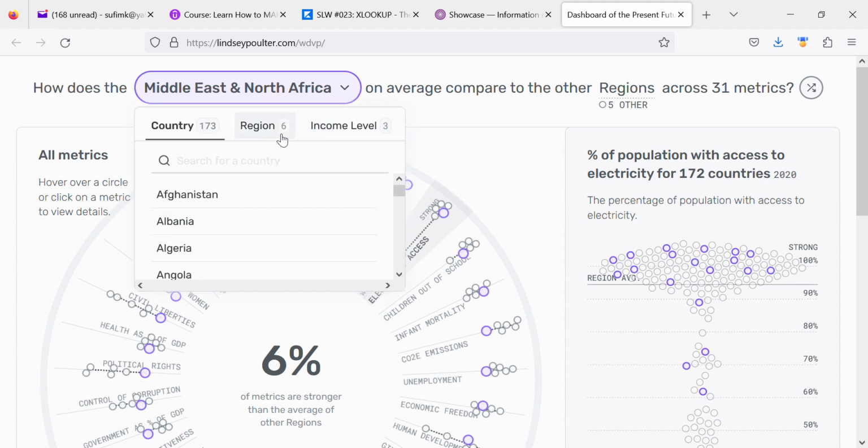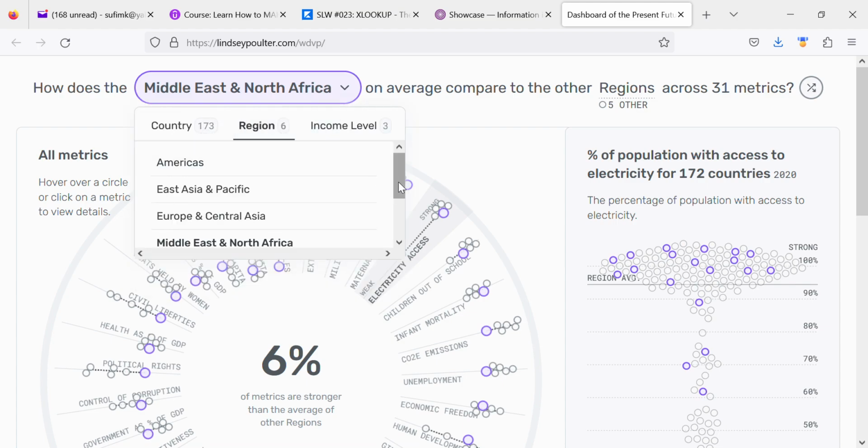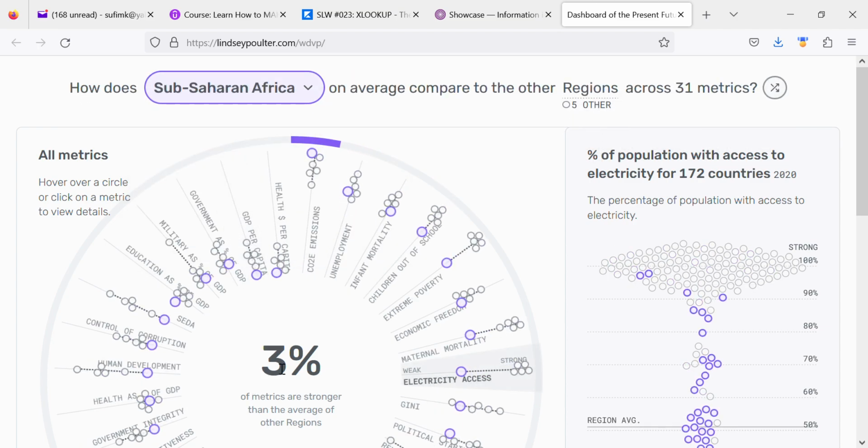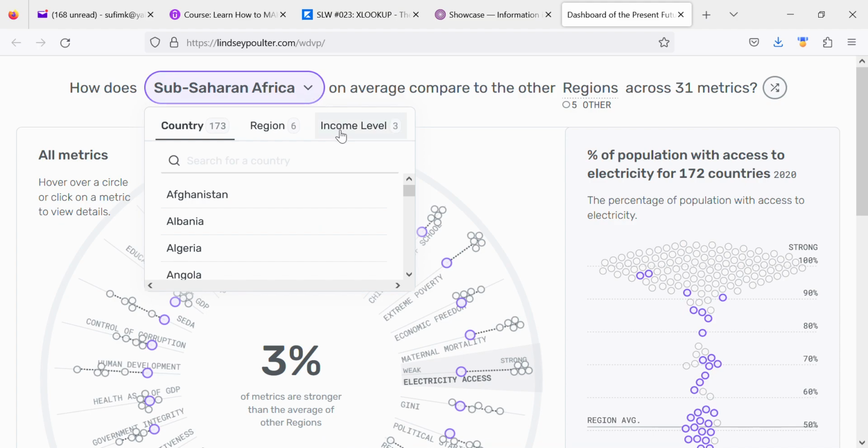For Sub-Saharan Africa, only 3% of metrics are stronger than the average of other regions. Now let's look by a specific country this time.